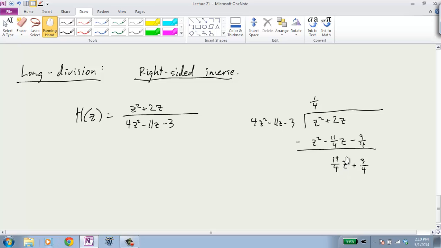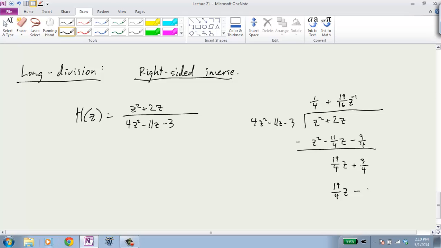Try to cancel the highest order term again. In other words, what do I have to multiply by this so that the highest order z term is 19 over 4z? What I should do is 19 over 16 z inverse. So if I had that, then I would have 19 over 4z minus, and then I just continue on.